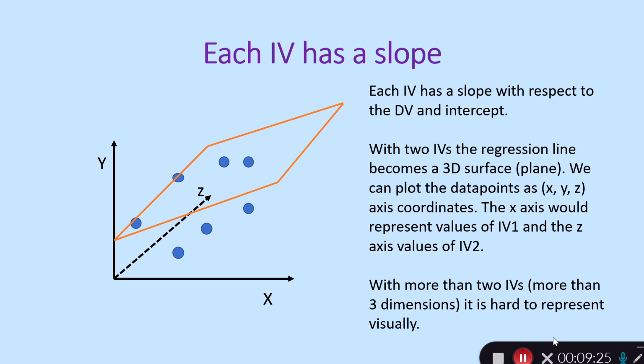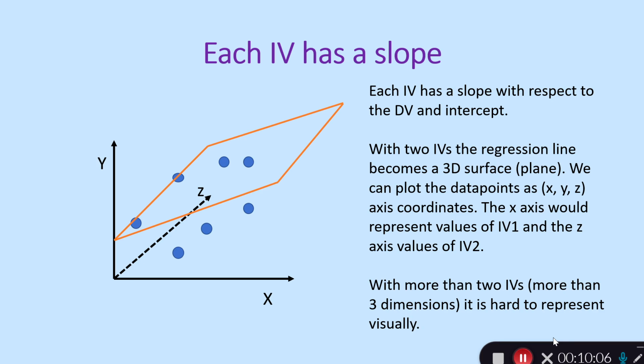So when we have two independent variables, then we can represent it visually in 3 dimensions. So here we have an additional z-axis that I've added, which runs horizontally in a similar way to the x-axis, and these 3 axes create what we could think of as a 3-dimensional cube space. So by adding this extra z-axis, we've turned our 2-dimensional plot of x and y into a 3D cube with x, y, and z axes.